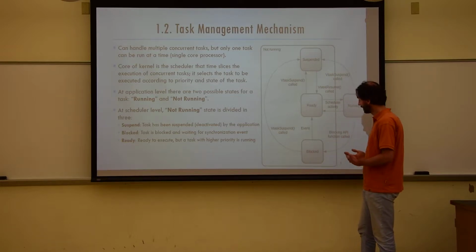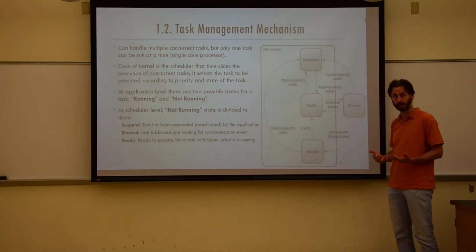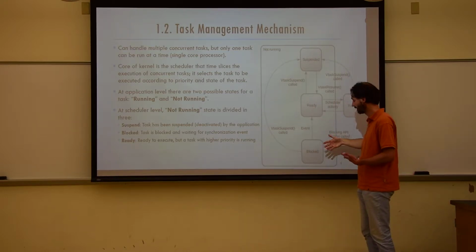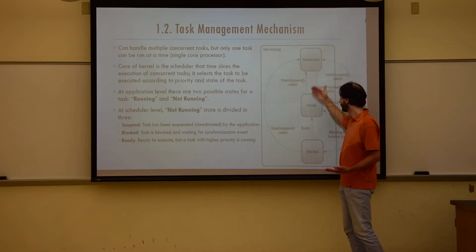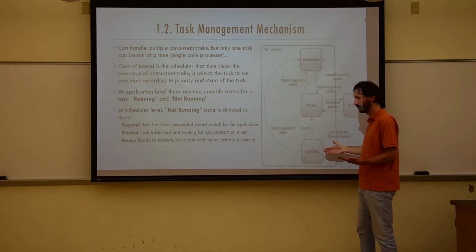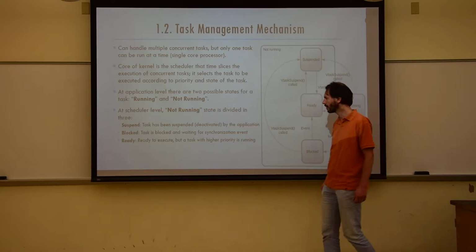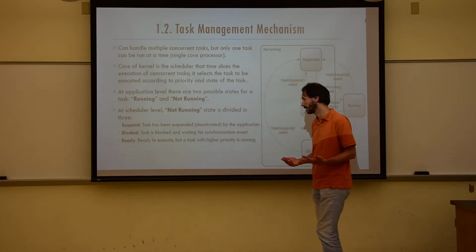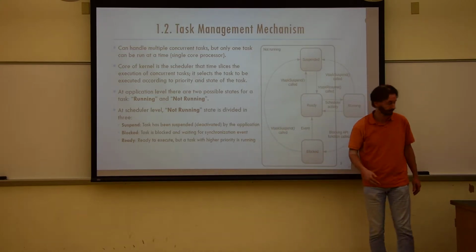So it's a slightly different setup from what we've talked about before. Before, we just had running, ready, and blocked, but now we have essentially split up the blocked into two kinds, suspend and blocked, if you will. That little bit of refinement can help you to make decisions as a scheduler.